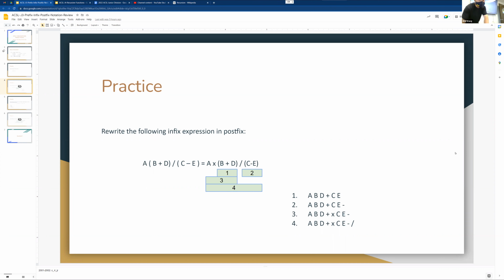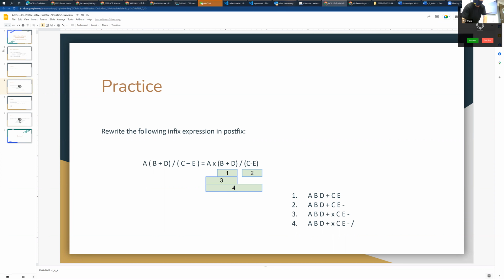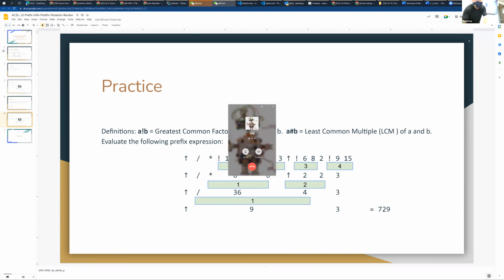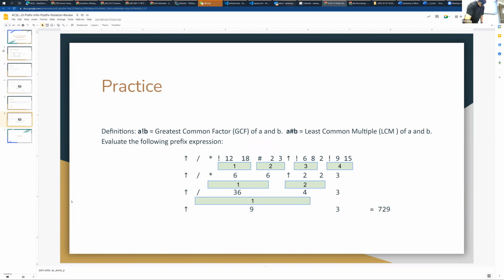Now the next one is this big expression, right? Okay, this is that expression, and this is prefix, remember.